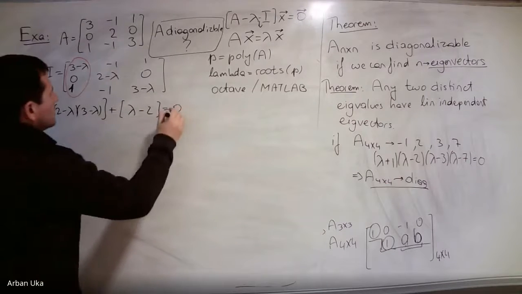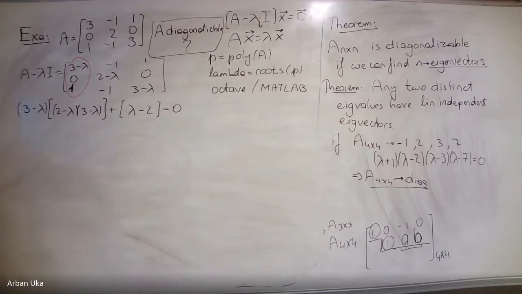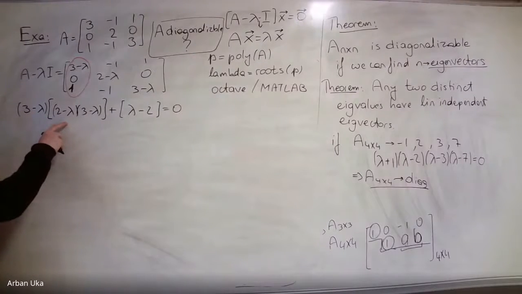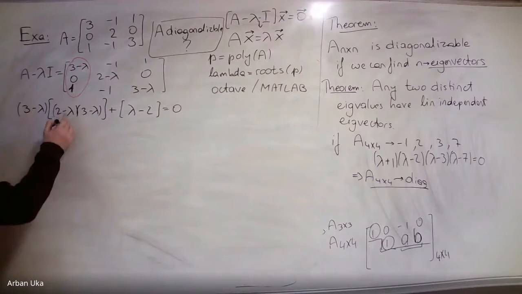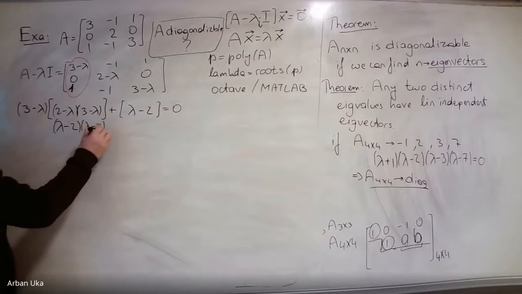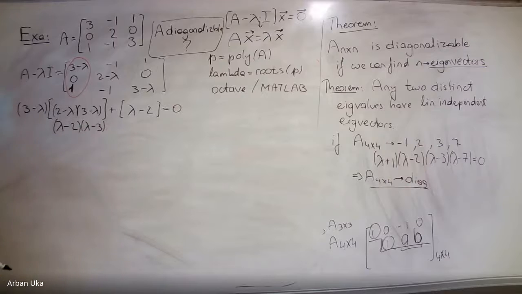This is equal to 0. So let's see what we obtain. We can write this as lambda minus 2, and here lambda minus 3, and try to solve this whole polynomial.